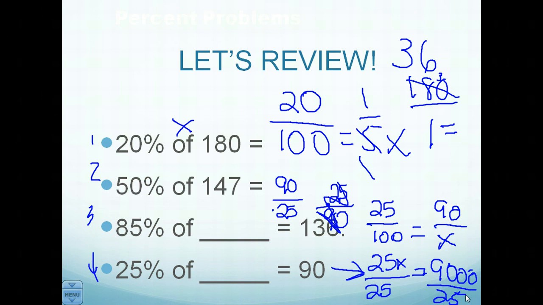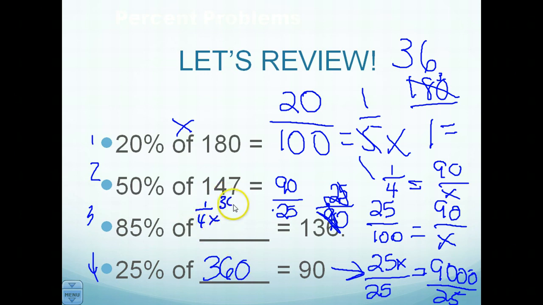To make your life easier, because this is a big number, 25 hundredths can be simplified to 1/4, which equals 90 over x, and then you just cross multiply, and it is 360. And then you can check your work by multiplying 1/4 times 360 over 1, which is in fact 90. So you're just dividing 90 by 0.25, or you can do it the way I showed you, cross multiplying. Okay, thank you, and I will see you soon.